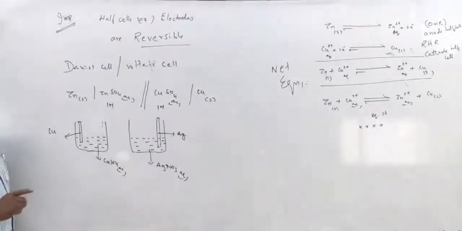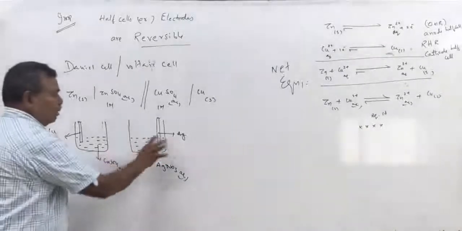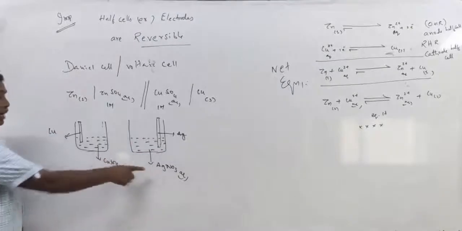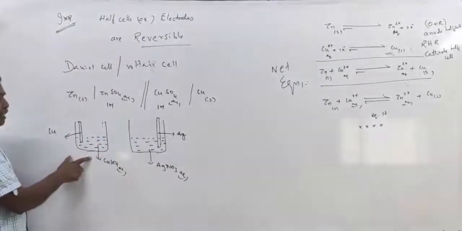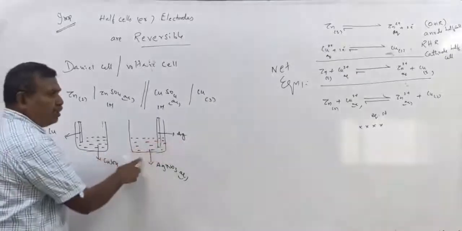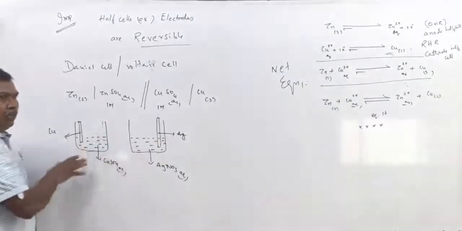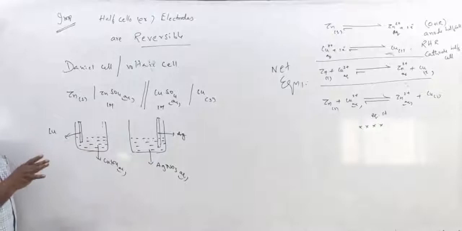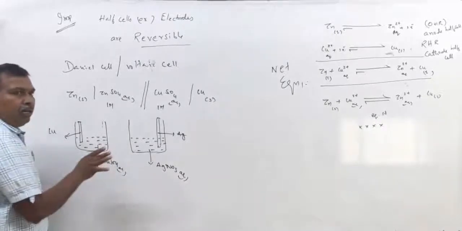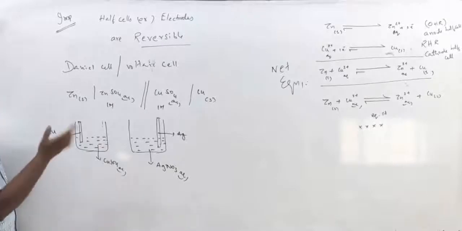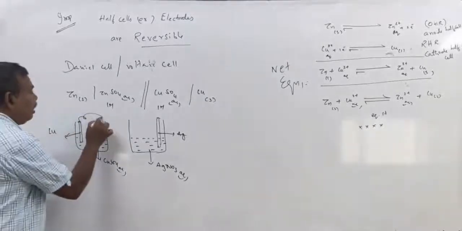Copper is in contact with Cu2+ ions, silver is in contact with Ag+ ions. Elements are in contact with their own ions. Therefore, each acts as a half cell. Both are electrodes. Both the electrodes are connected together.